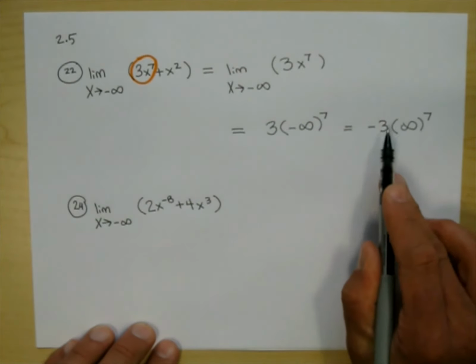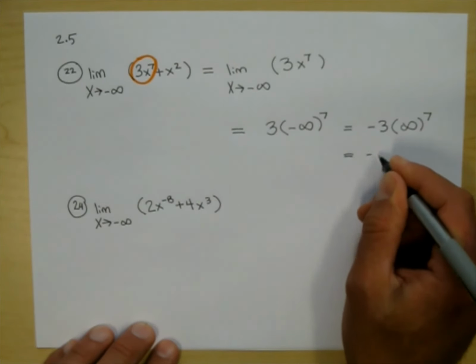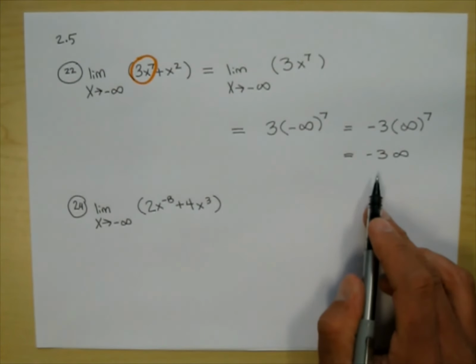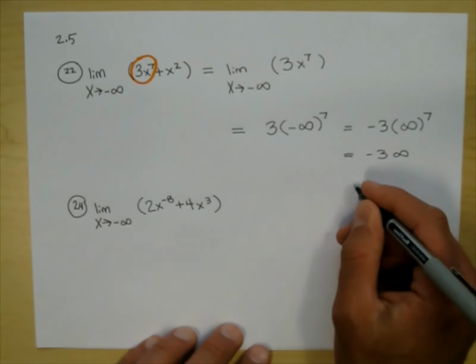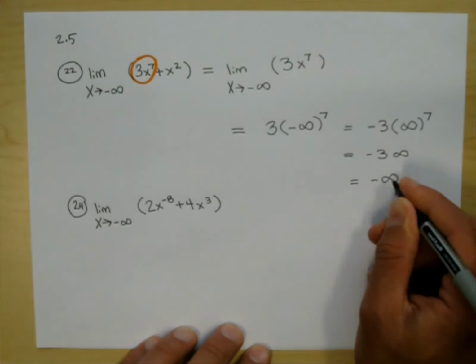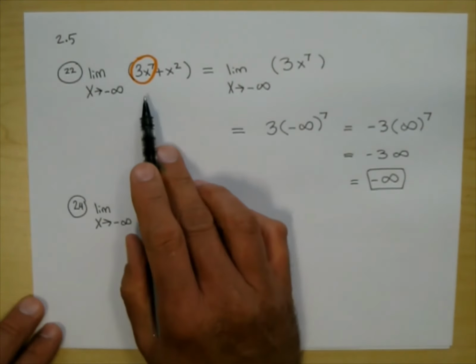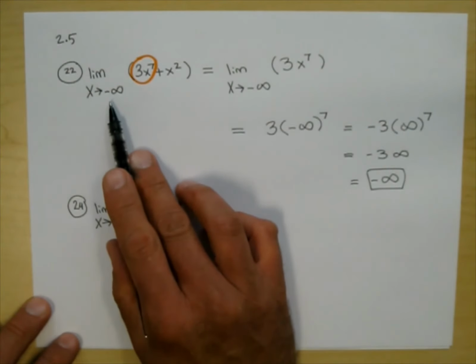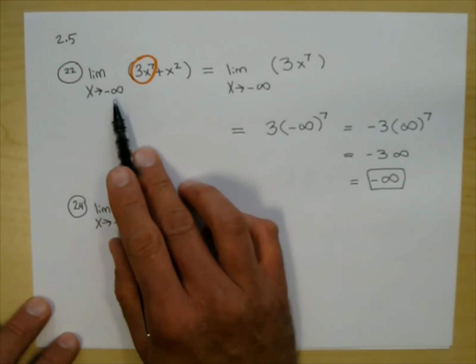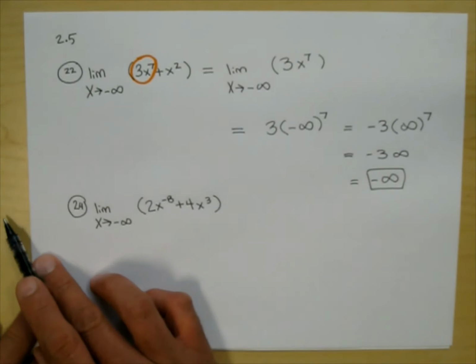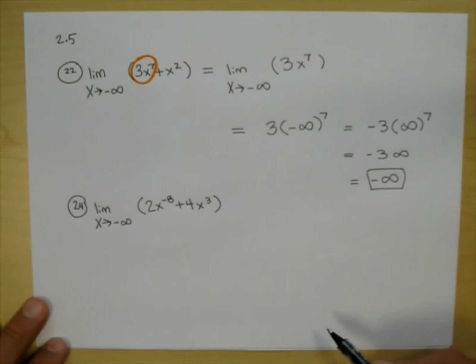And then negative 3 times infinity happens to be negative infinity. And there's your answer. Now, if you were graphing this polynomial as you go to negative infinity, drawing it to the left, you would be going down. That's what this says.